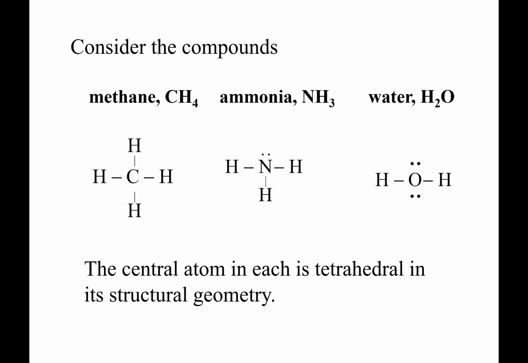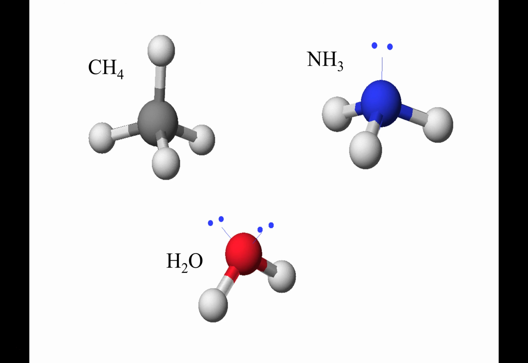But here's where I need to say that's not exactly right with regard to the bond angle. So again, here's each one of these: the central carbon atom, the central nitrogen atom, the central oxygen atom. In all of these cases, we're looking at sp3 orbital hybridization. But think of these electron pairs as being kind of a little more fluffy, a little more repulsive than just being bonded to something.